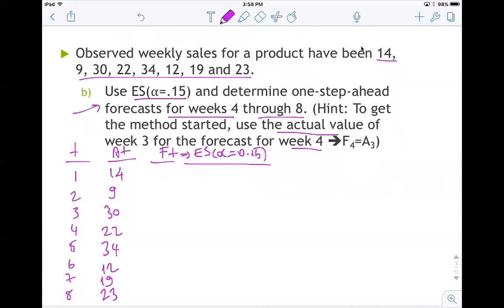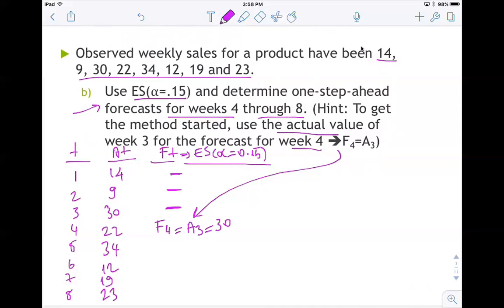So basically it says don't make any forecast for time period 2 and week 3 as well. So our week 4 forecast is just going to be from this hint. It's telling us that your week 4 forecast should be equal to A3. My actual observation in week 3 is simply 30.